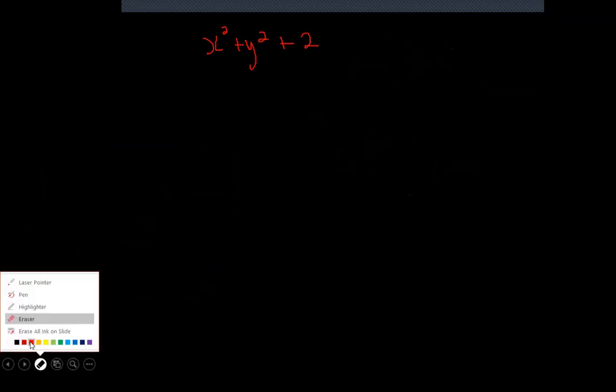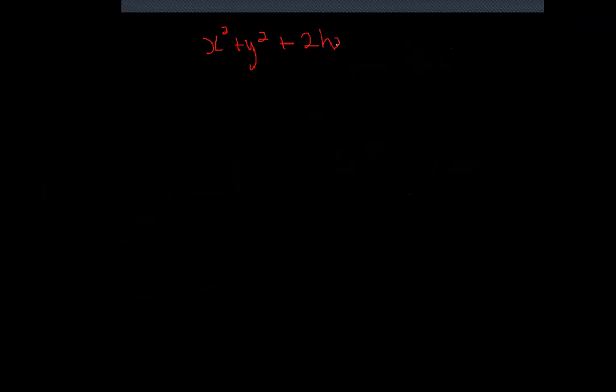For part II, they want you to write the equation of the circle in the general form. This is the general form. Remember that? So x squared plus y squared plus 2hx plus 2ky plus c is equal to 0.